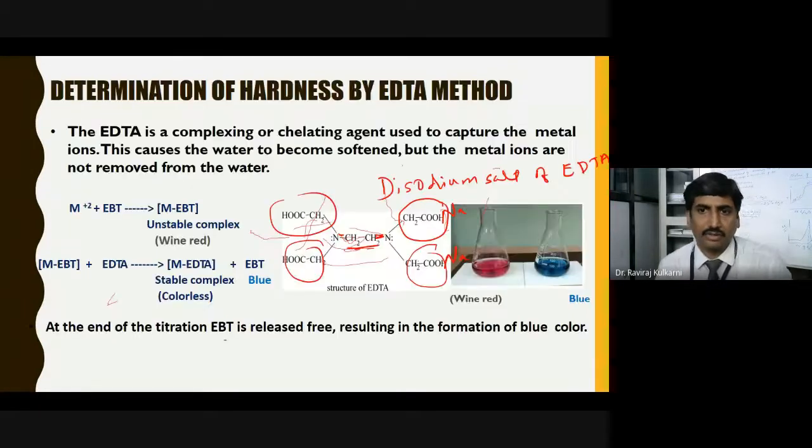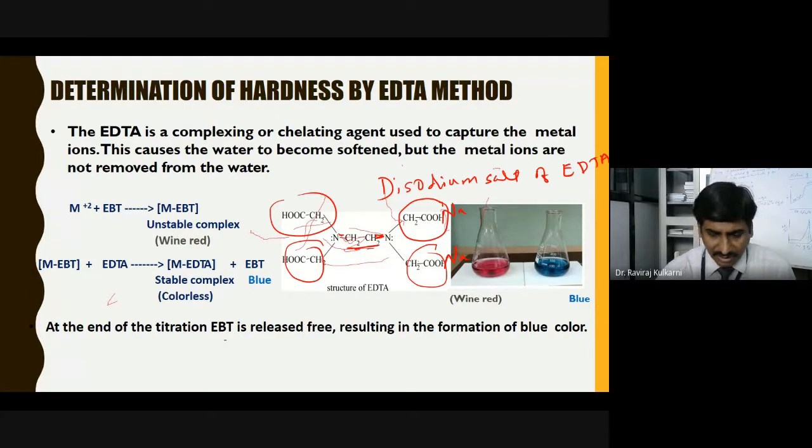You may ask a question here: why is the disodium salt of EDTA used for the experiment, and why not EDTA itself? EDTA itself is insoluble in water, only sparingly soluble. So you cannot prepare a solution directly with EDTA. That is the reason we go for the disodium salt of EDTA.